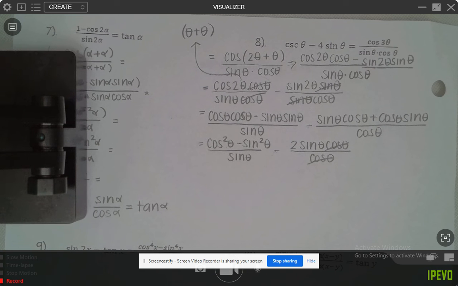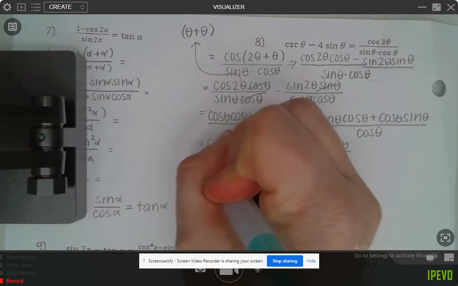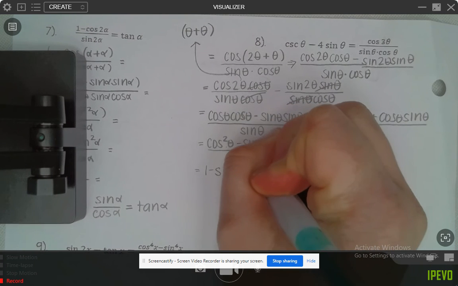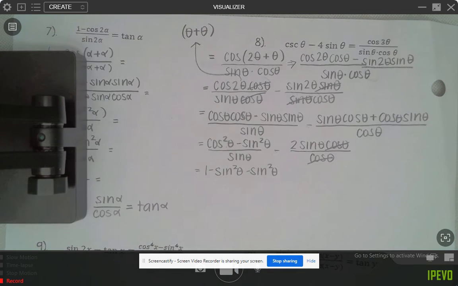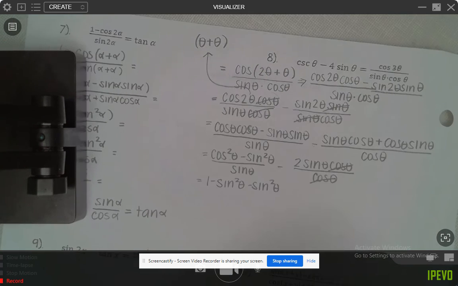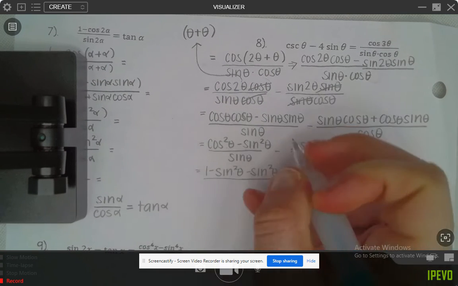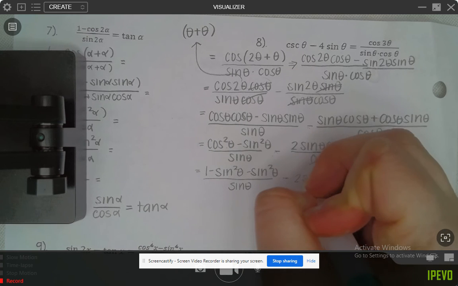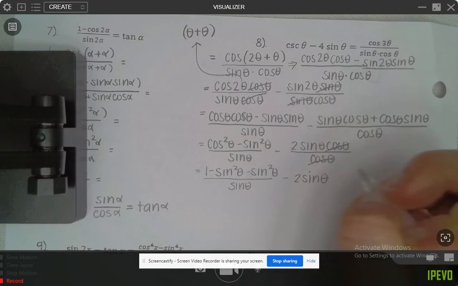Josie. 1 minus sine squared. We want to get rid of cosine, right? So I can change this to 1 minus sine squared minus sine squared. Yes? Is everybody following me there? Divided by sine minus 2 sine of theta.